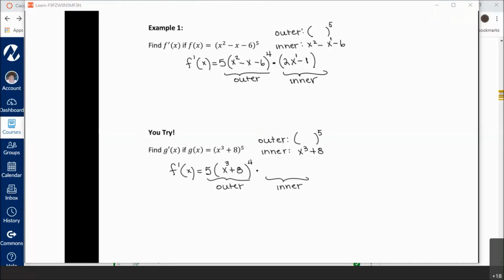So again, I'm going to put that in parentheses because I want to multiply all the terms by all the terms. If I'm differentiating x cubed, I'm going to bring down the 3 and then drop the exponent by 1. And then 8 is a constant, so it's not giving me any derivative, right? Because constants don't change. So there's your answer.